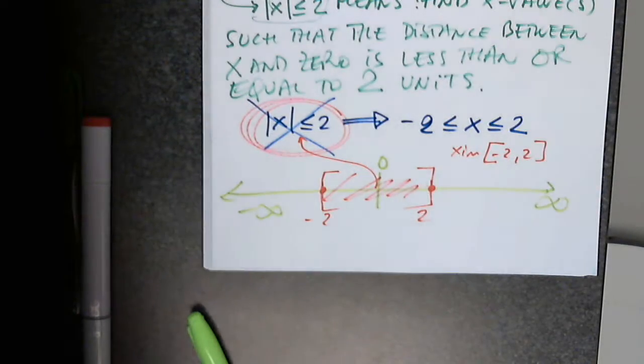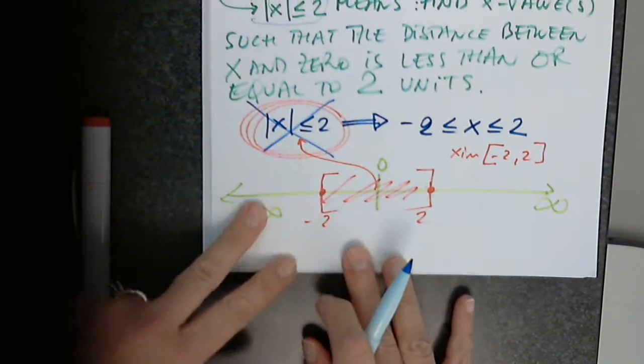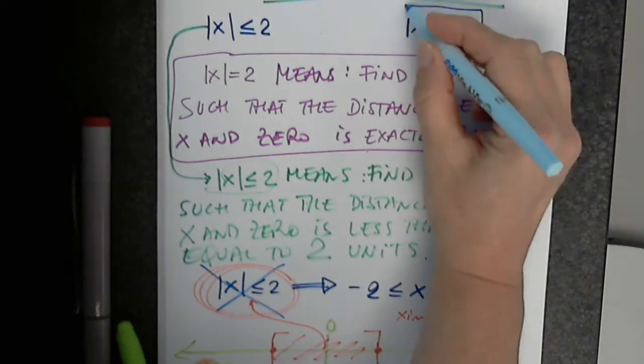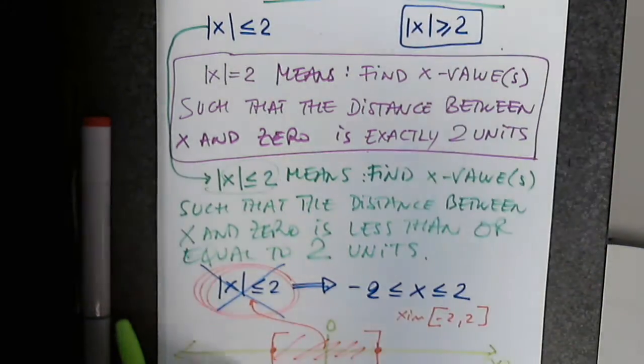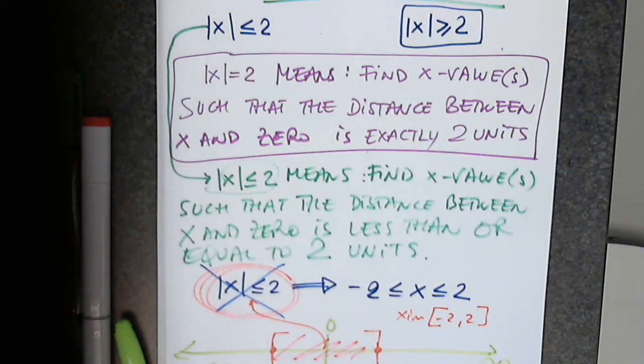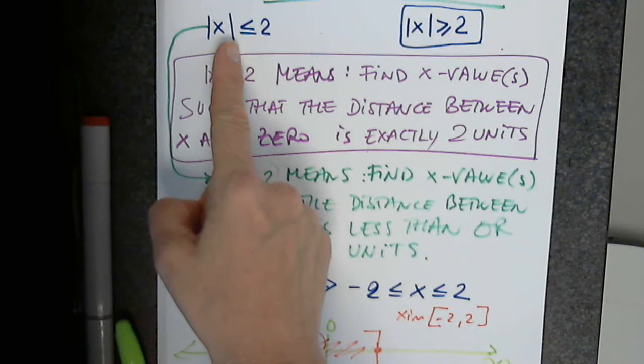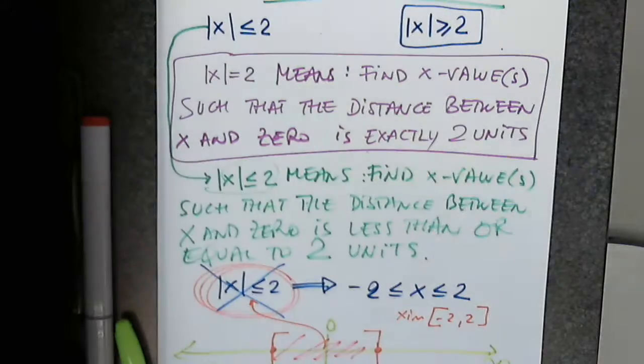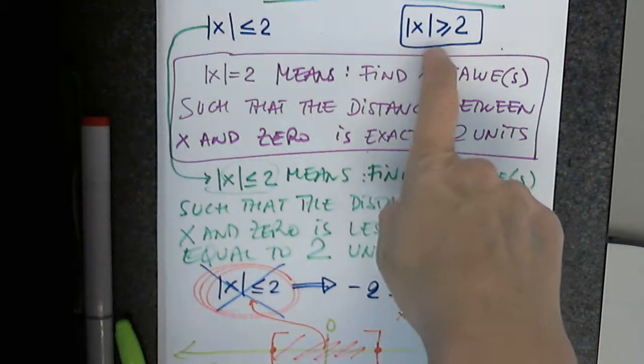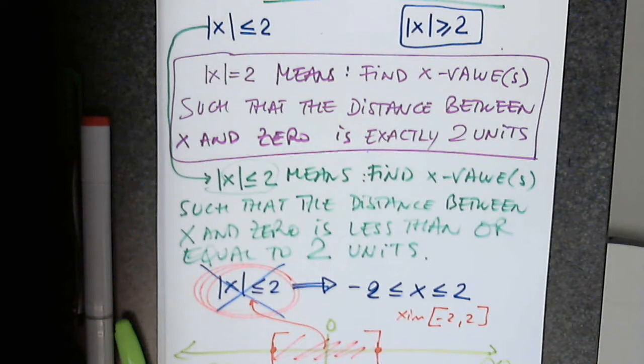Now stay with me because I would like to solve the other one now. Can anyone tell us in plain English what does this mean? And it cannot have anything to do with this one. Nothing in common, right? So this one says less than. What does this one say? Greater than. Careful, I changed my position.